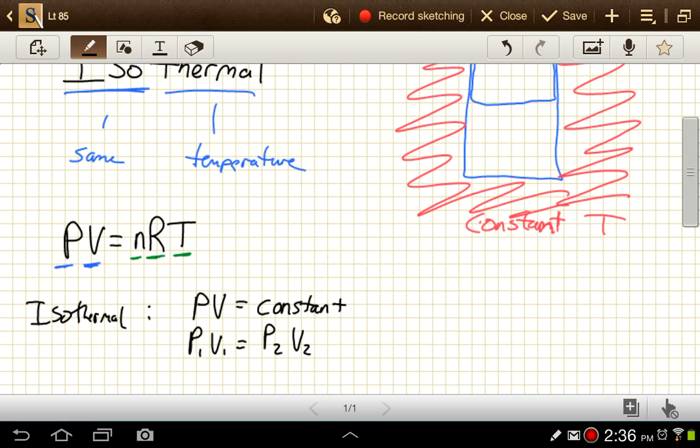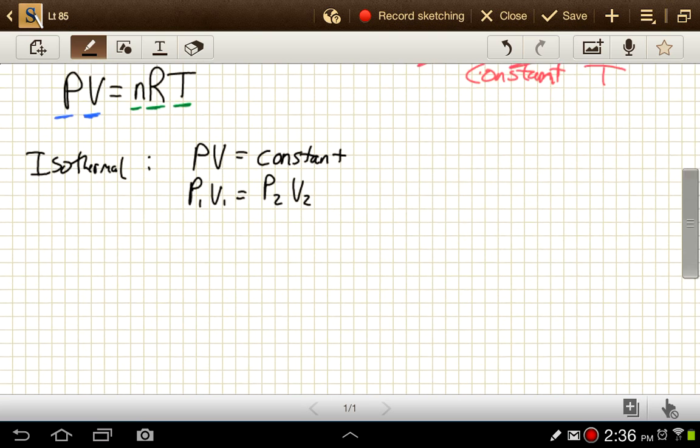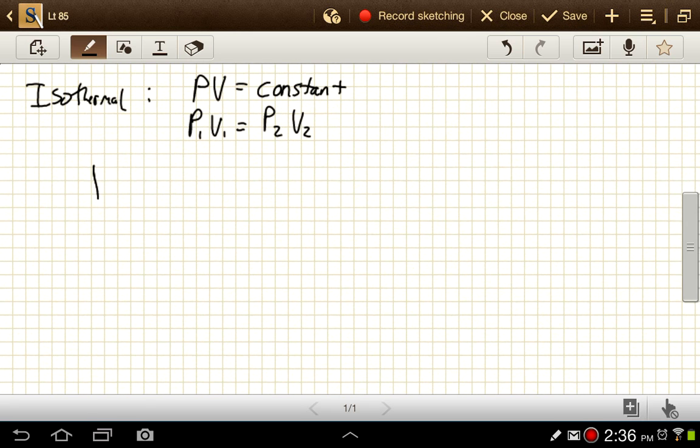But to compensate for that, to make both sides of this equation equal to each other, our pressure would have to increase. So if we made a graph of this with pressure on the y-axis and volume on the x-axis, we'd see that as pressure increases, volume has to decrease, and as volume increases, pressure has to decrease.